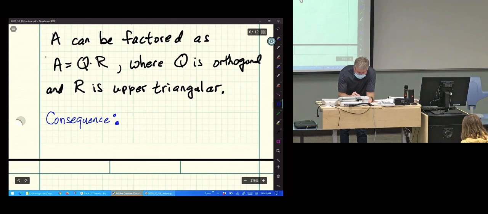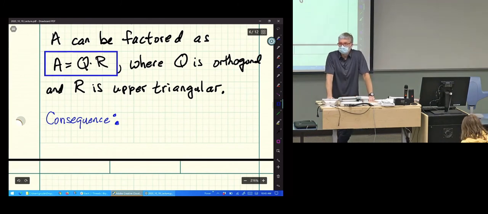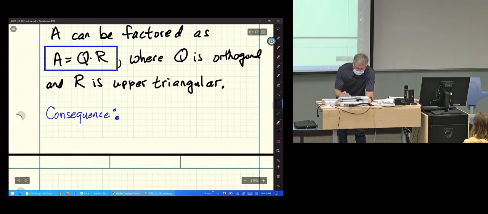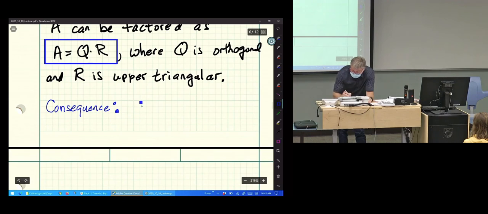When we get to this, it'll be called a QR factorization of a matrix. And we'll prove if the determinant of A is not equal to 0, that means, of course, we already know its columns are linearly independent, that we can write the matrix as a bunch of orthogonal vectors, etc.